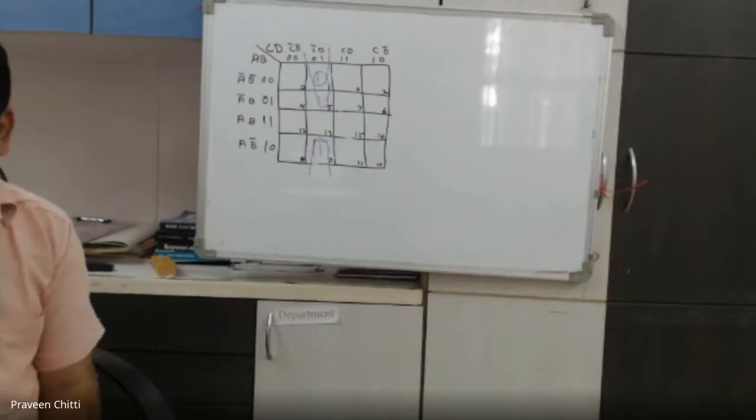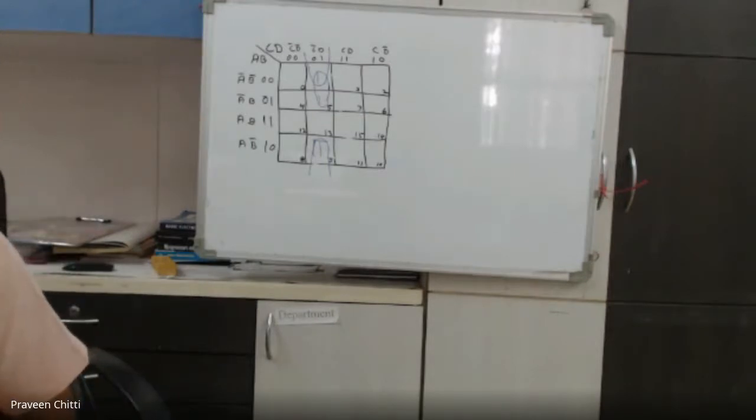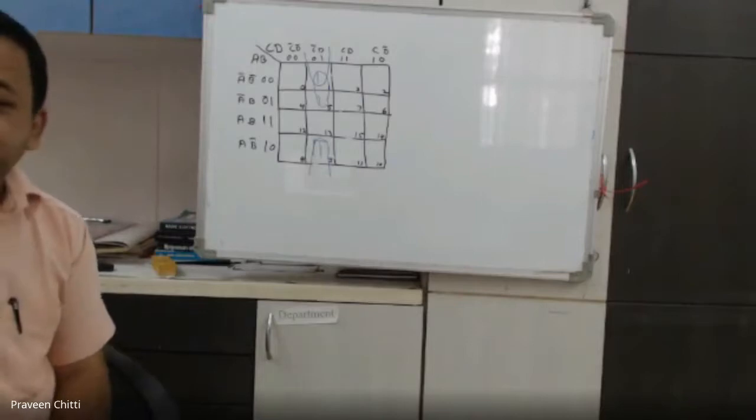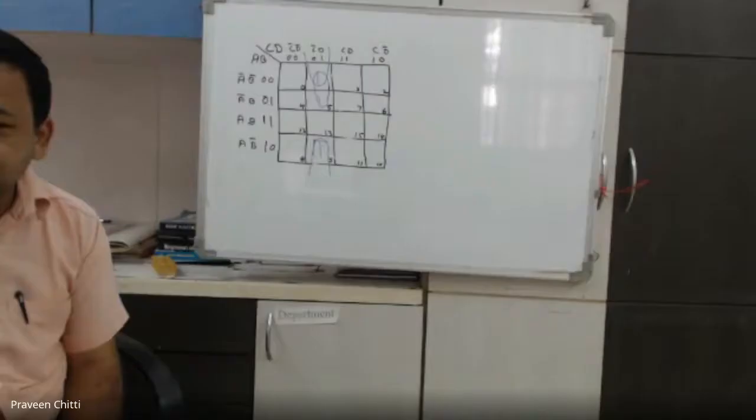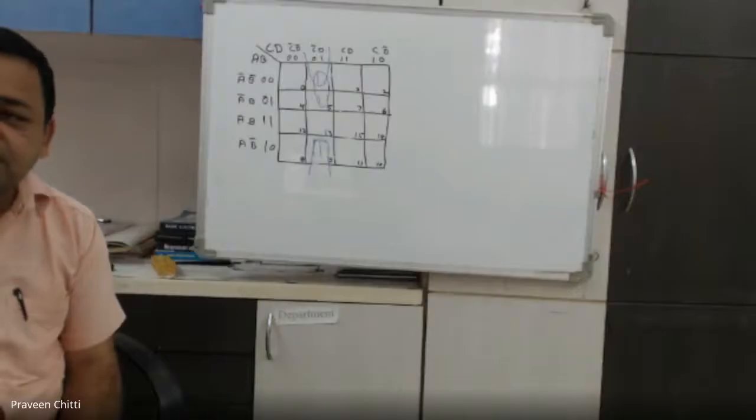What is the significance of pair, chord, octet? Quickly. Yes, Saundarya, are you there? What do you mean by pair, chord, and octet? A group of two adjacent ones is a pair, a group of four adjacent ones is a chord, and a group of eight adjacent ones is an octet.